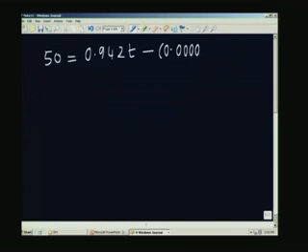So, the equation is T max minus T naught, which is 50, must be equal to 0.942 into t minus 0.00047 into 0.942 multiplied by t squared by 2, where t is t max.